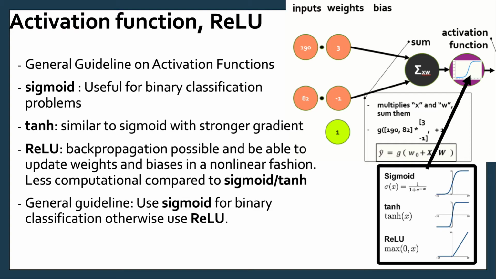ReLU allows backpropagation and is able to update weights and biases in a non-linear fashion, and is less computationally expensive compared to sigmoid and tanh. General guideline: use sigmoid for binary and otherwise use ReLU. And you can see on the right side how your data point would plot your function. This is your activation function: your sigmoid, your tanh, and your ReLU.